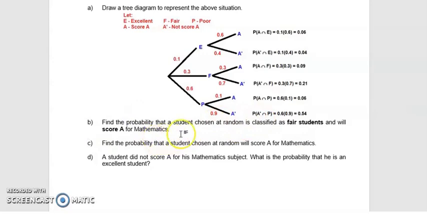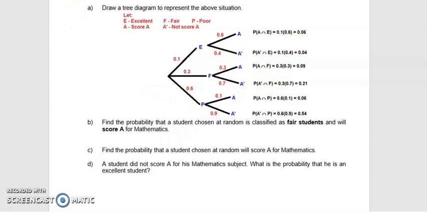So from these three diagrams, find the branch for fair students who score A. It will be this part, fair student who score A. So how to write your answer here?